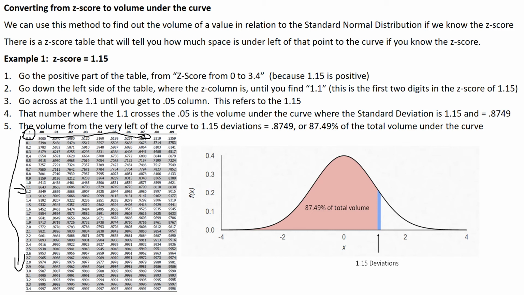And then I go across 1.10, 1.11. You see the 0.01 there, 1.12, 1.13, 1.14, 1.15, and that is 0.8749, which is what this is right here. In other words, a z-score of 1.15 is equal to 87.49% of the curve.